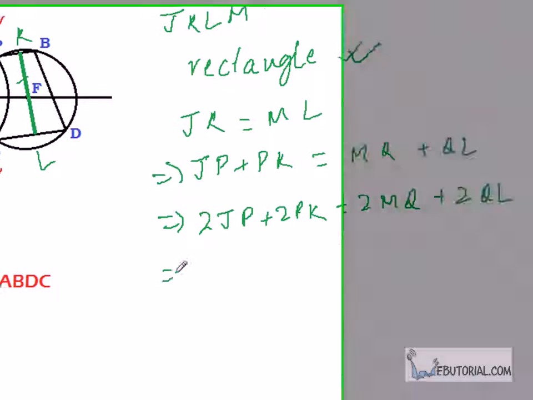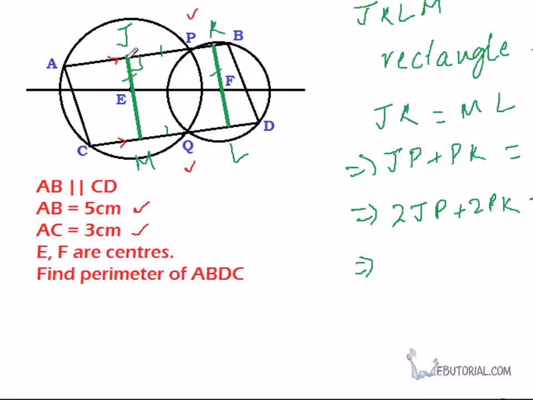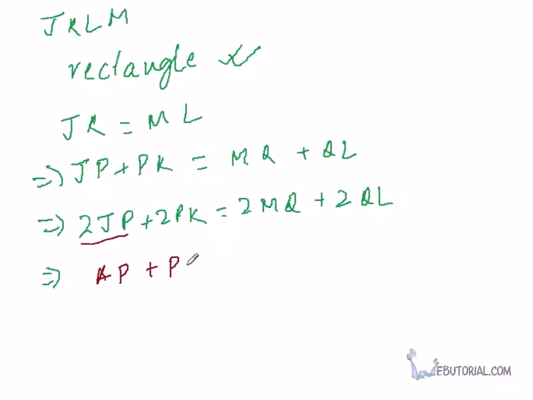You can see that this is a perpendicular, therefore these 2 sides will be equal, because at J, the chord AP will be bisected by this perpendicular from the center. Therefore 2JP is AP, 2PK becomes PB, on this side it becomes CQ and this becomes QD. That means AB is the same as CD as well.